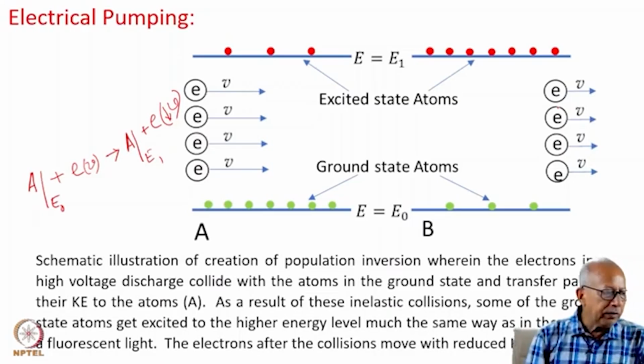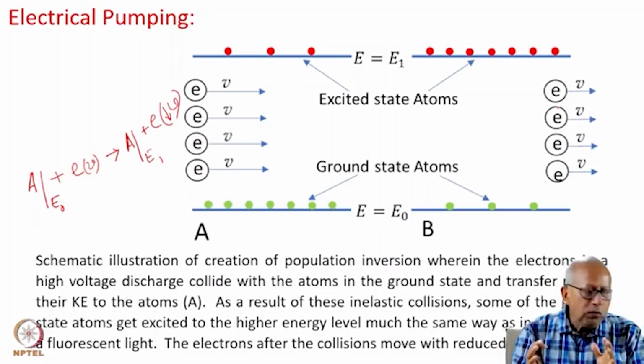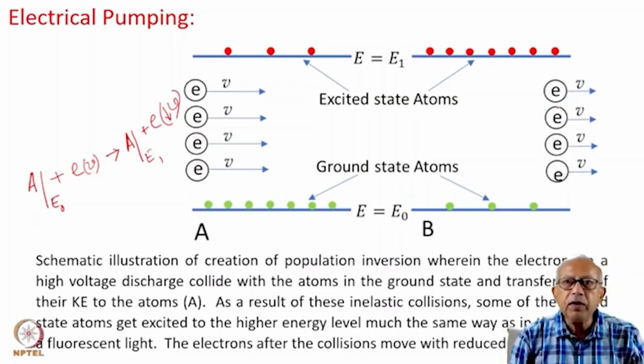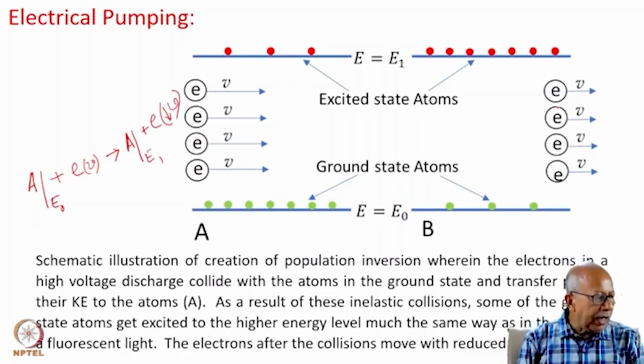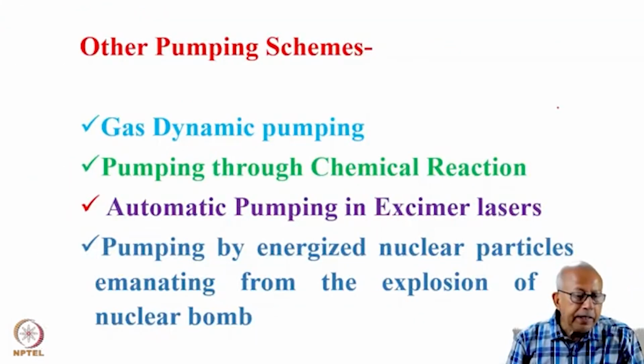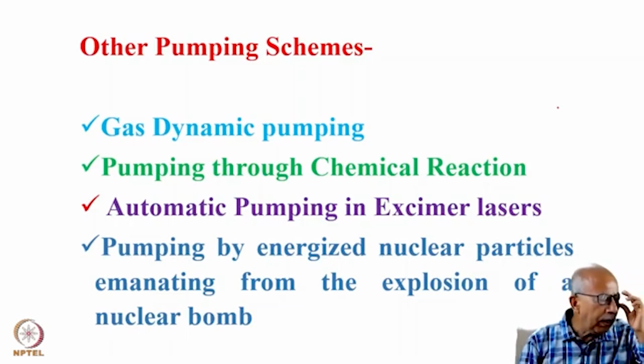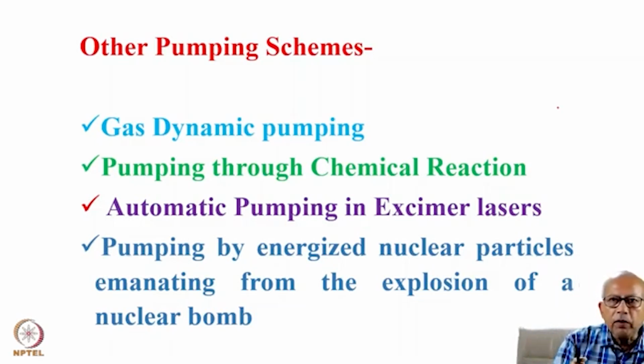The experimental arrangement to effect electrical pumping for a continuously working laser differs significantly from that meant for a pulse laser, and we will be addressing this in greater detail when we study specific laser systems. There exist other pumping schemes that do not have general applications but are suitable for creating population inversion only in some specific laser systems.